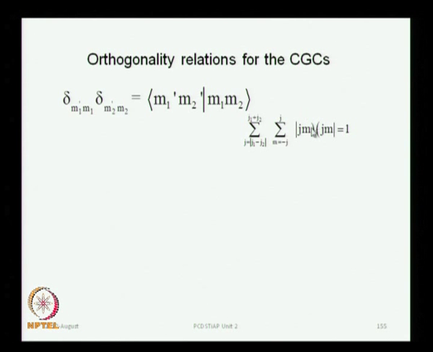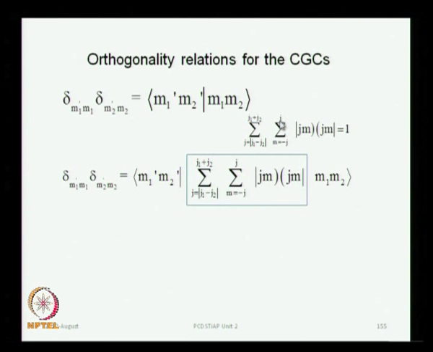So, this is the Jm basis, which is why I have used the curved brackets over here, and once you plug in this resolution of unity, you have this orthogonality relation expressed as the left hand side is the same and the right hand side is a double sum of a product of these Clebsch-Gordan coefficients.